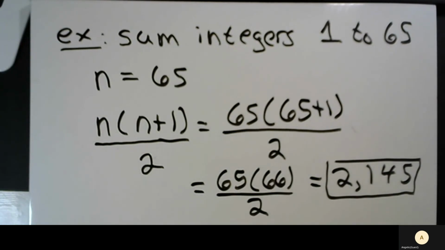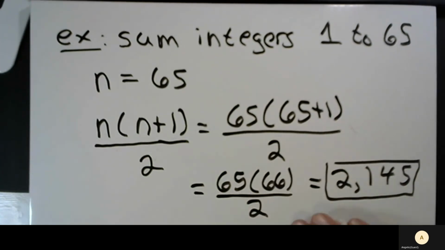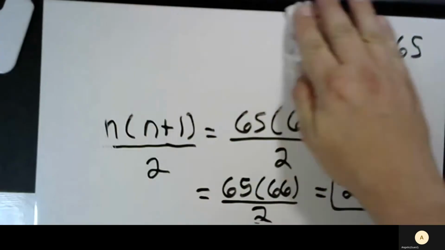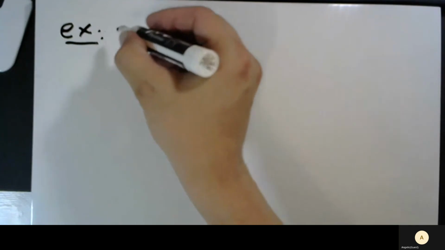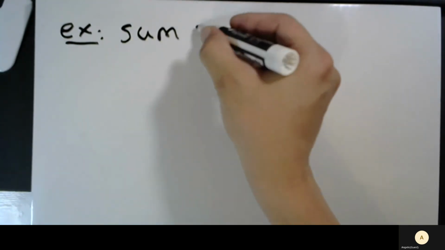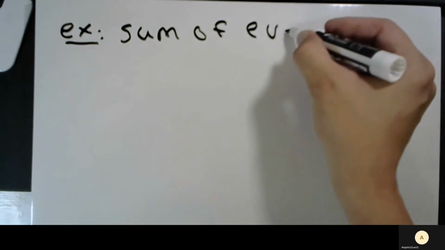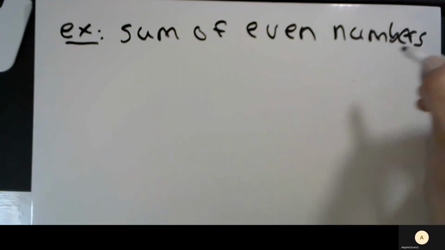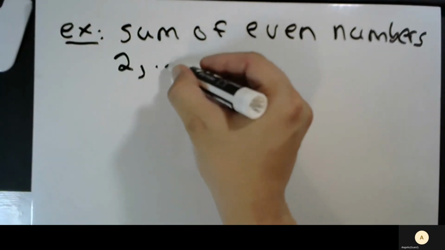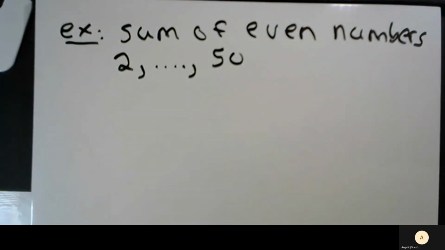So any questions about that? All right. So another thing you could have is the sum of even numbers 2 to 50.